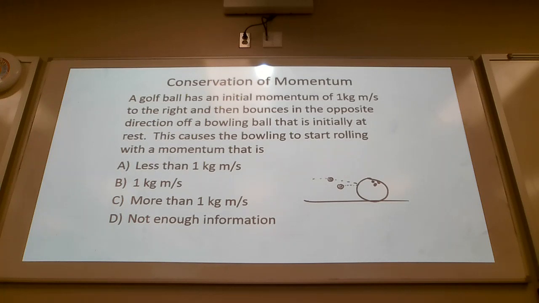Have a conversation. Everybody have a vote? If you didn't do a momentum vector diagram, I'm pretty confident you missed it.